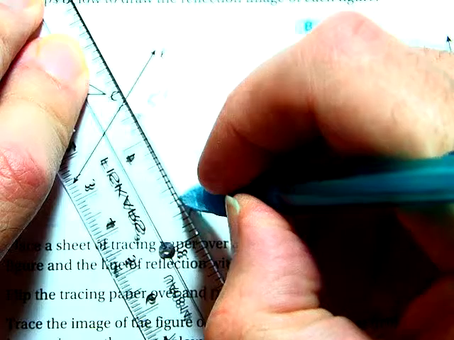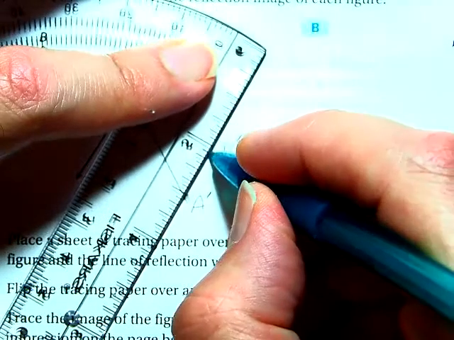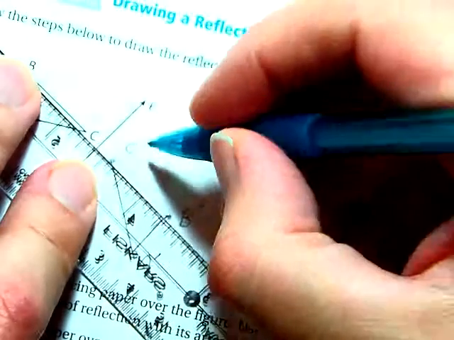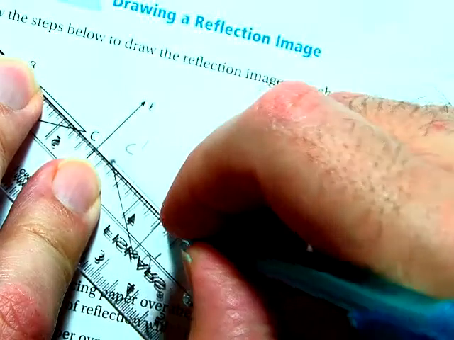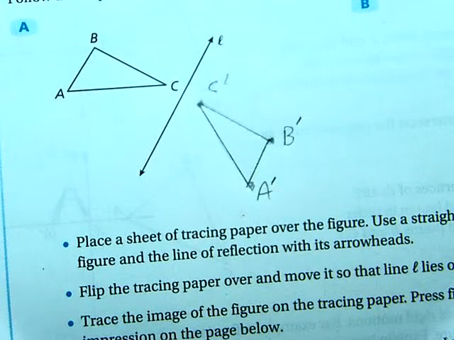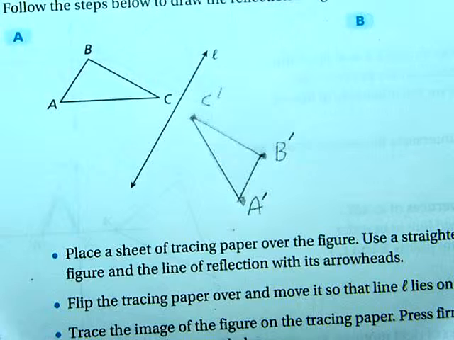And we connect A prime to C prime, A prime to B prime, and B prime to C prime. Okay, now we can admire our reflection. We have created an image using reflection and using patty paper.